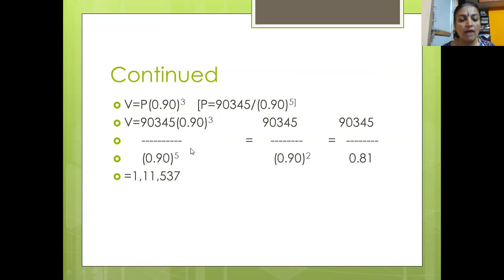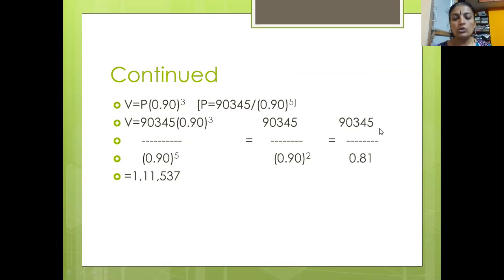So when you divide both the equations, you will get 5 minus 3, the difference is 2, that is 0.90 raised to the power of 2. So 90,345 divided by 0.90 raised to the power of 2. If you do 0.90 into 0.90, you will get 0.81.